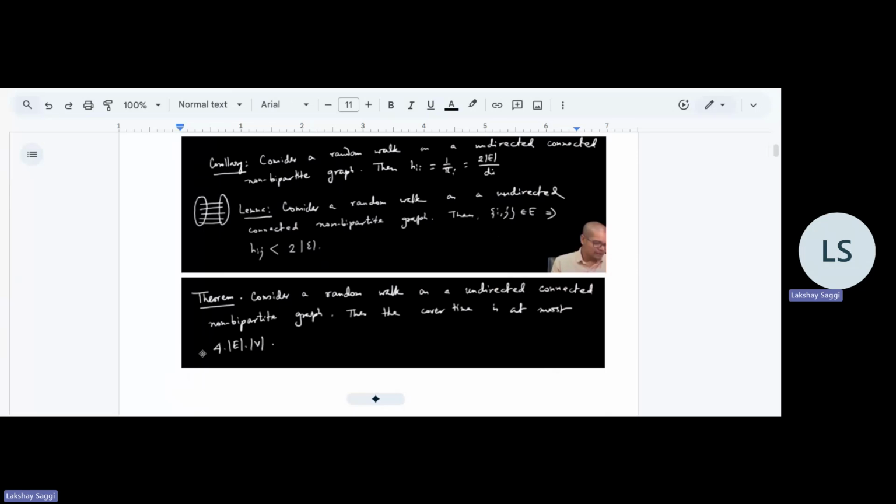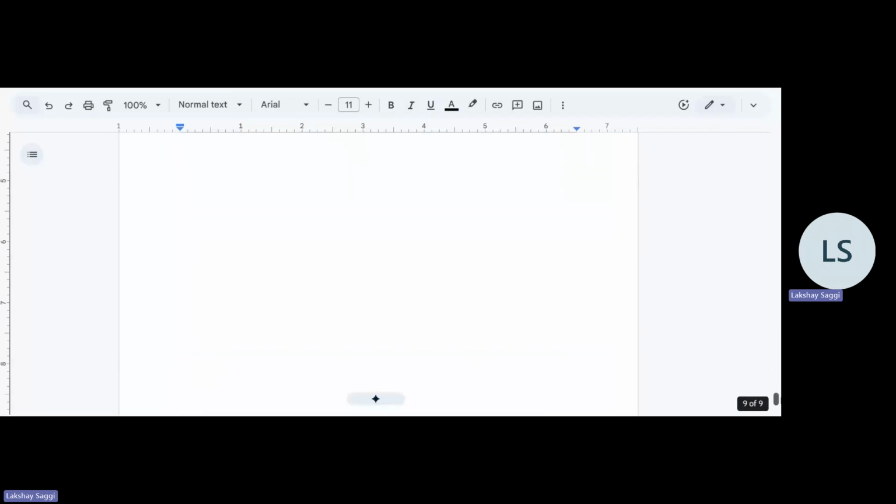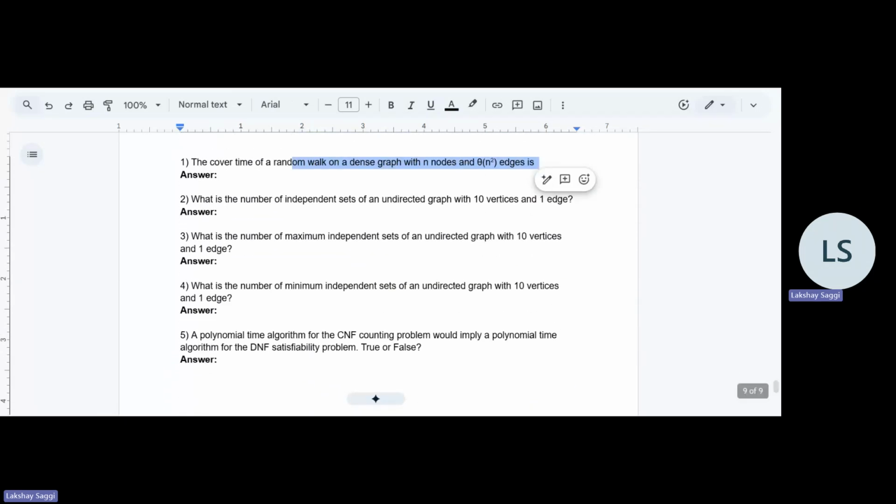We are given that the graph is dense, it has almost n square edges. So if we substitute number of edges by n square, then you get four times n cube as the upper bound.